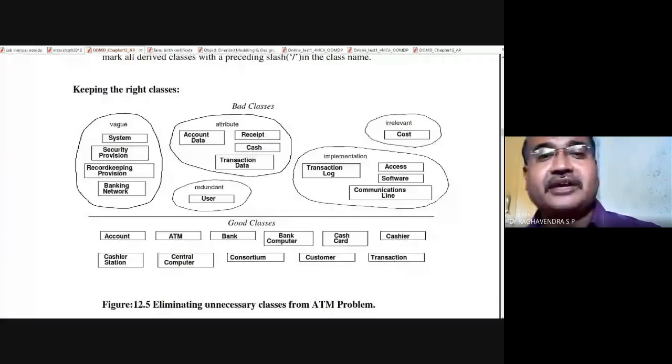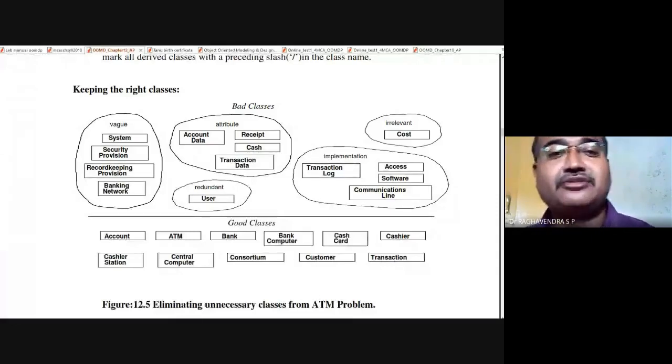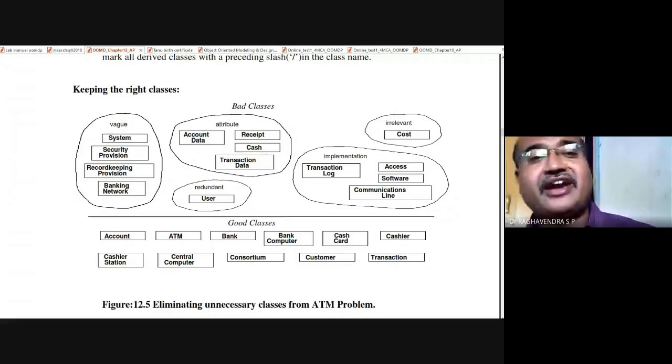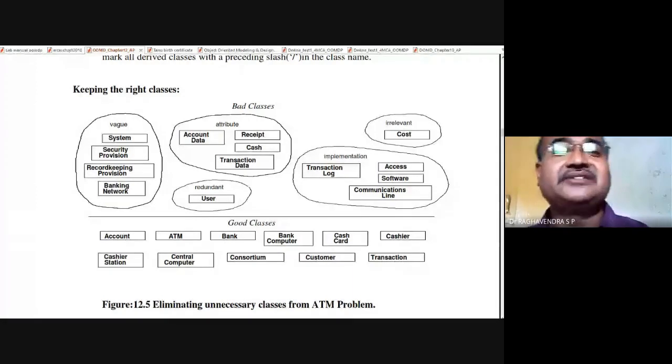Next, record keeping provision means maintenance of records and data in the databases. This is also not clearly defined. We have banking network. Once again, it is not clearly defined what kind of network, whether internet or intranet, a leased line, or wireless communication. That is why these classes can be declared as value classes, because they are not clearly defined.